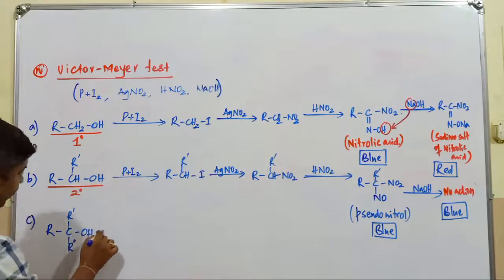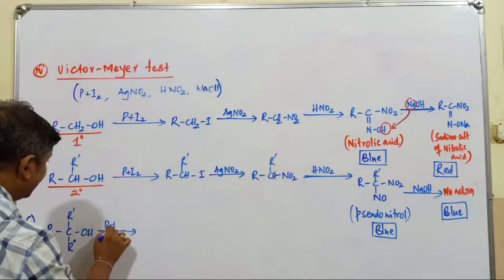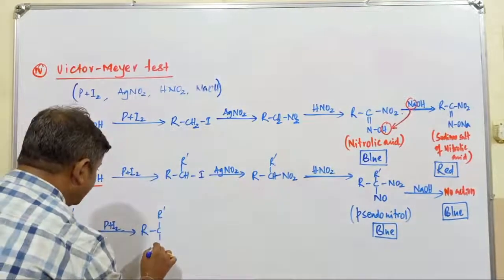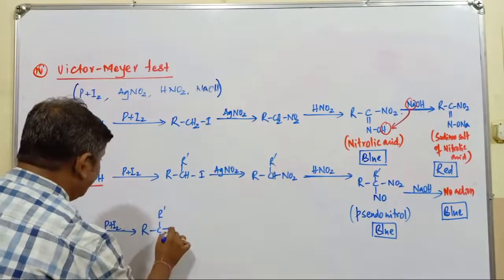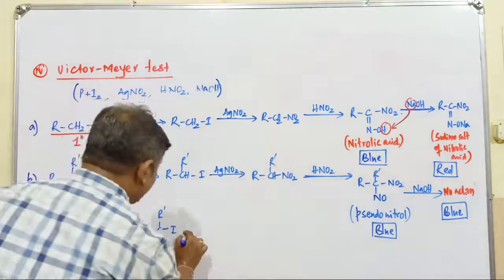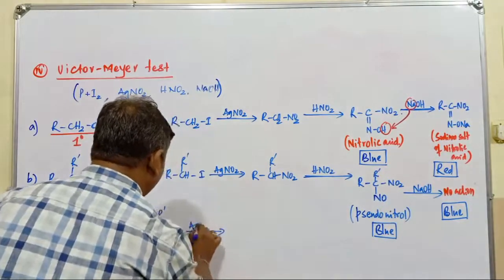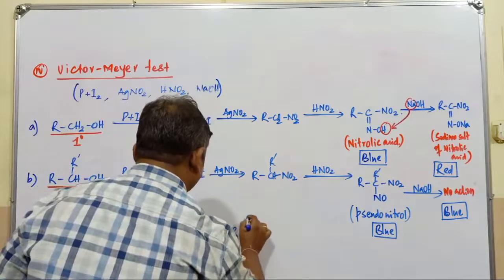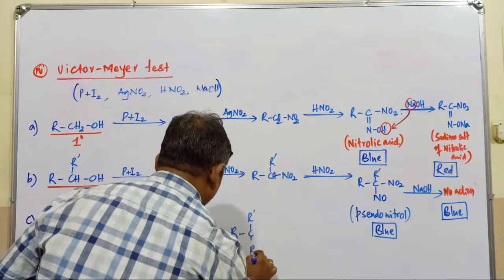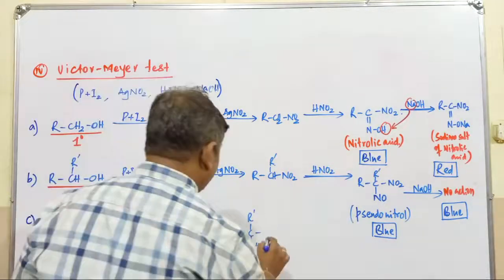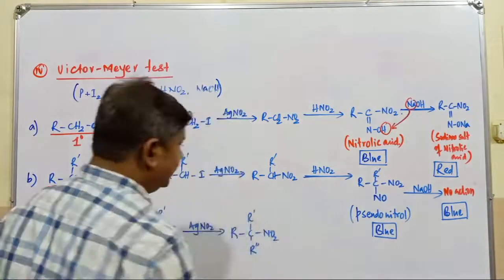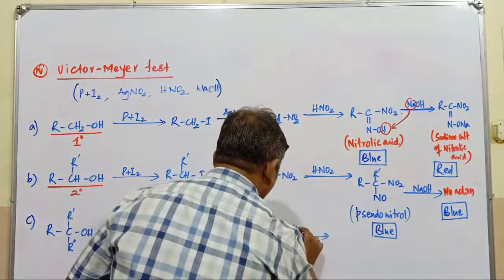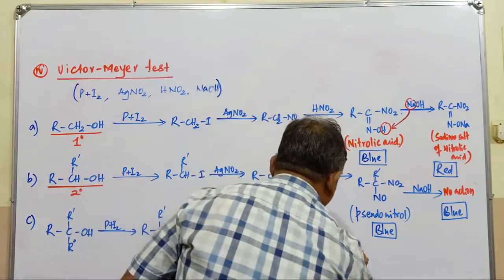This is OH. When this is treated with phosphorus and iodine, what is the first compound? It is R, R', R'' with iodine. Next, this is treated with AgNO2, silver nitrite. This is R, R', R'', and this is going to be the NO2 compound. Here, if HNO2 is added, there is no action on this one.